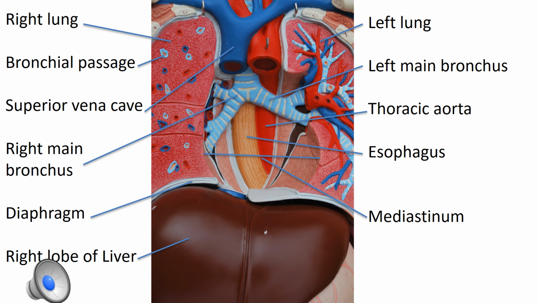And then just to the right side of the thoracic aorta, we notice the esophagus, the food pipe, carrying food down through the thoracic cavity, through the diaphragm to the stomach. And this whole space, of course, we now know is called the mediastinum, containing the heart and the large vessels.